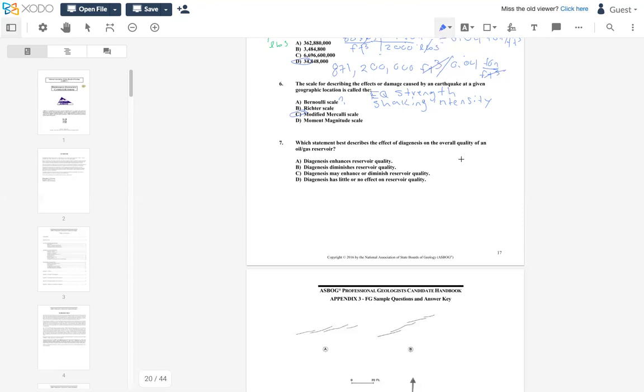So the answer choices: diagenesis enhances, diminishes, enhances or diminishes, or no effect. So to make things easier for me, I'm going to say it enhances, it diminishes, it enhances or diminishes, or it doesn't do anything. I think that'll help.